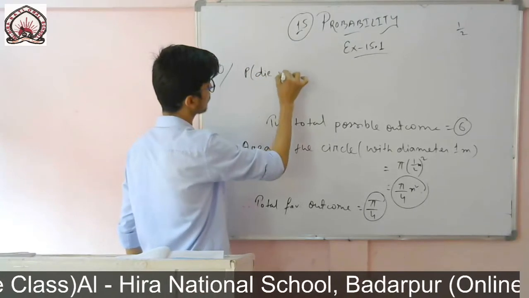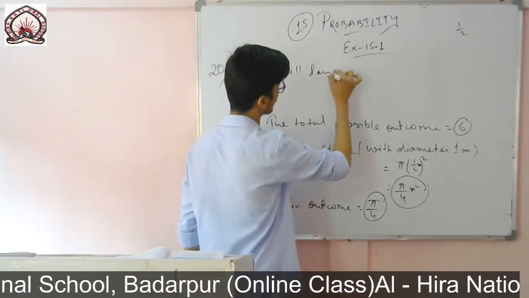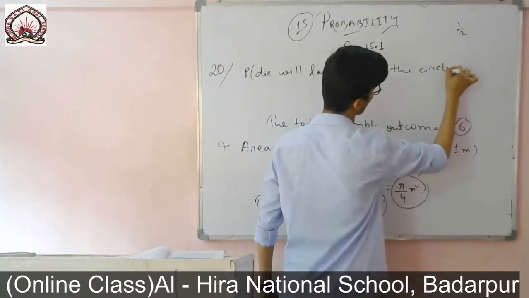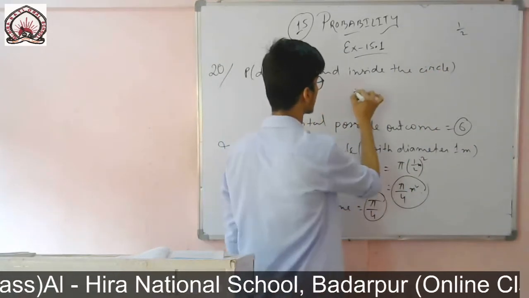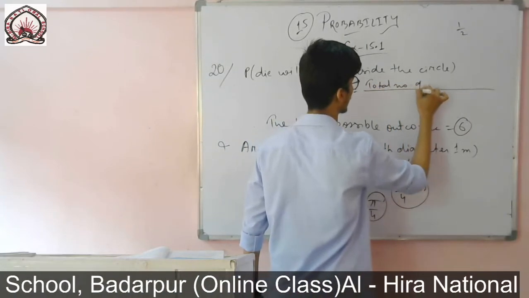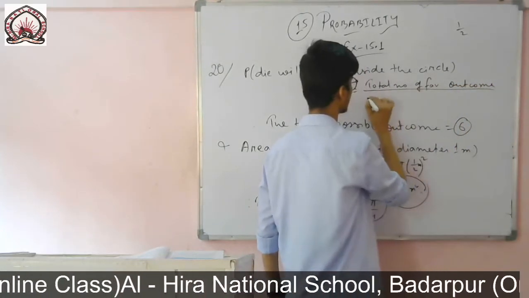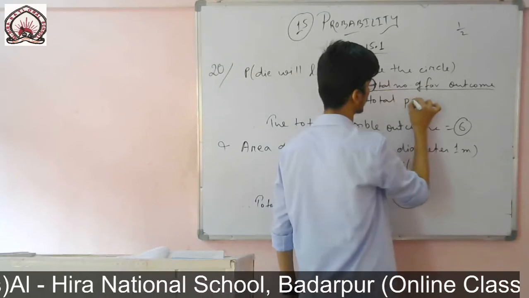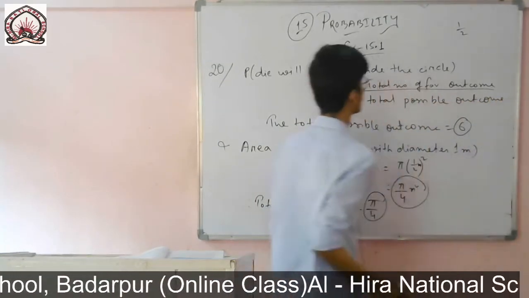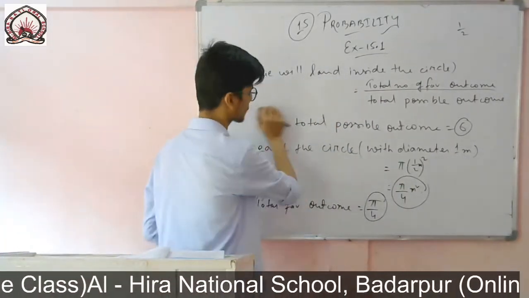Probability that the die will land inside the circle will be equal to total number of favorable outcomes divided by the total number of possible outcomes.